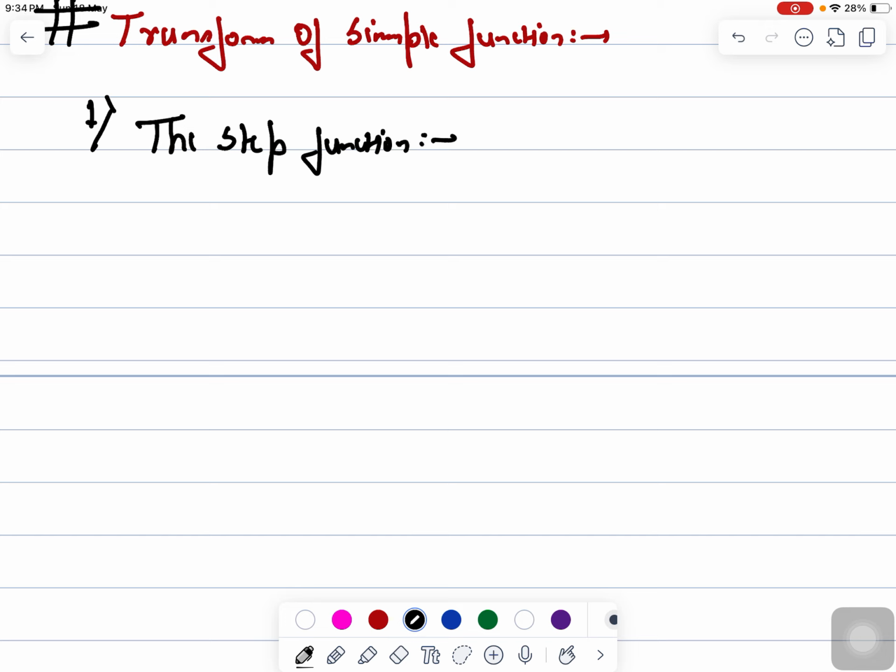These functions will come when we solve some GATE previous year questions, as well as in further topics when we give different kinds of inputs to the process. Based on the step input, ramp input, all of these functions will be there, because this is the part of the input to the system, and from there you will understand the dynamics of the system. So let's see how the step function looks.